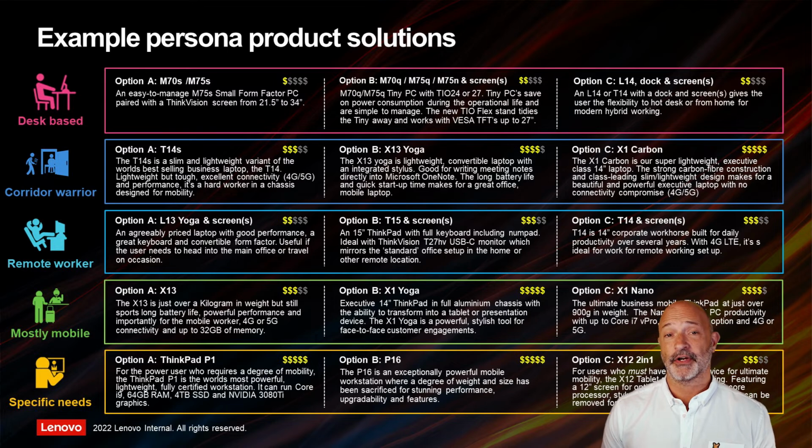Price is another dynamic to consider, but I believe it's really important to work out the most suitable products first before looking at the pricing. It's easier to wind back the specs after you've picked the most relevant devices than it is to be worrying about budget at the start of a project. Here you can see I've got 3 options for each persona to give a little bit of flexibility and price.